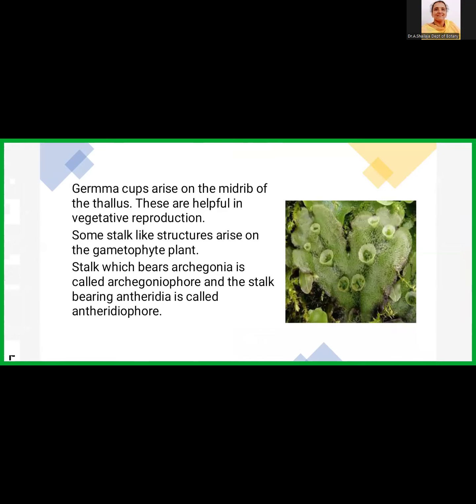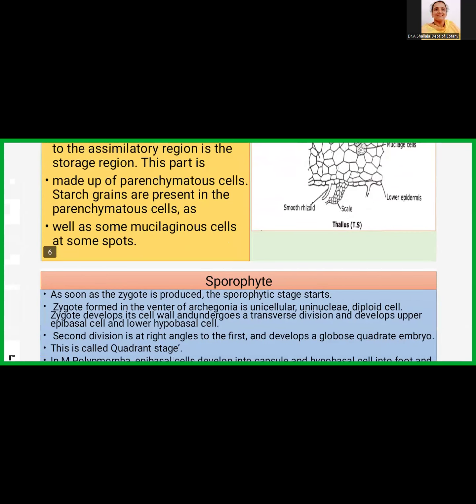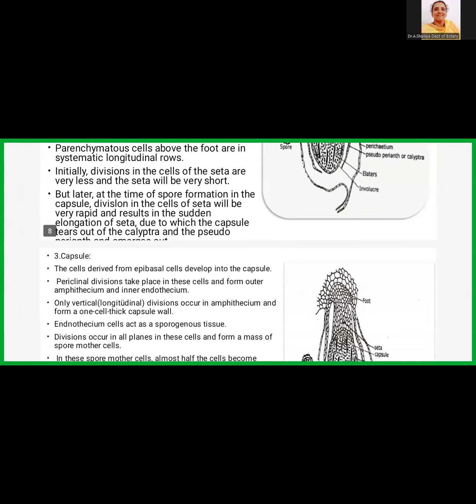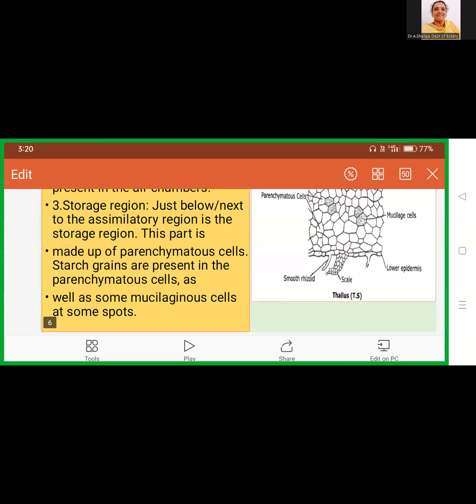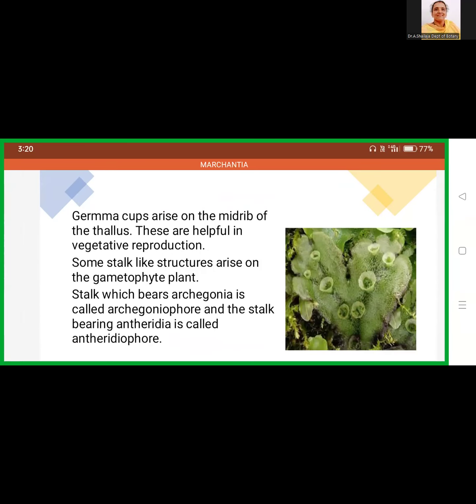Some stalk-like structures arise on the gametophyte plant. The stalk which bears archegonia is called archegoniophore, and the stalk bearing antheridia is called antheridiophore. Some diagrams I will show you. What are the antheridiophores and what are the archegoniophores? In yesterday's class also, I gave clarity on archegoniophore and antheridiophore.